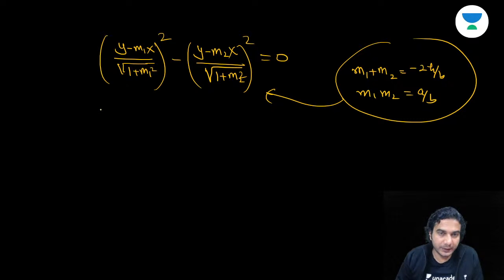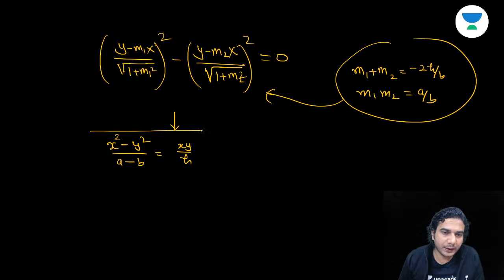So this is the combined equation, but we need to eliminate m1 and m2. After eliminating m1 and m2 using these two relations, we will get this equation, which you need to remember. So directly remember this: x square minus y square divided by a minus b is equal to xy upon h.